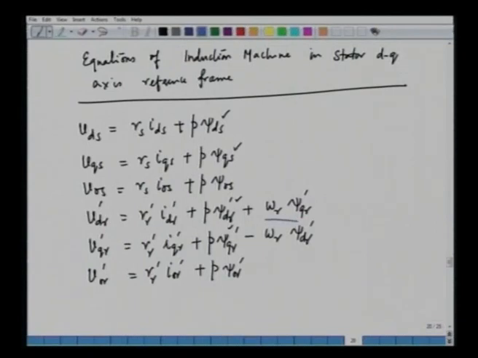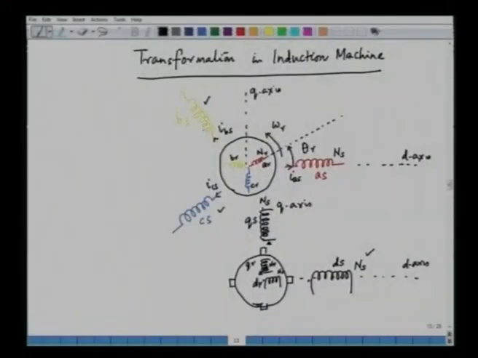These are the rotationally induced EMF. All right, and the rotor is rotating in which direction? The direction of the rotation is from A to B to C, phase A, phase B, phase C of the stator. We are assuming that the revolving field is rotating from A to B to C. So, the revolving field is in anticlockwise direction, and the rotor is trying to catch up with the rotating field, and that is rotating in the anticlockwise direction.